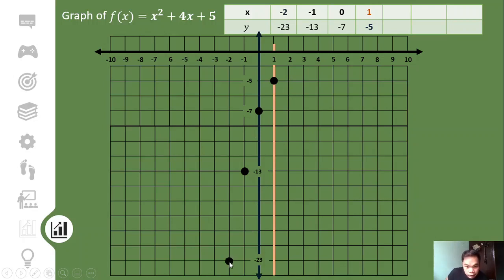So, dito naman yan mag-meet. Okay? Then the other one, the other half, we have 2 and -7. So, dito yung point. Then, 3 and -13. Ayan. And 4, -23. So, dito naman.